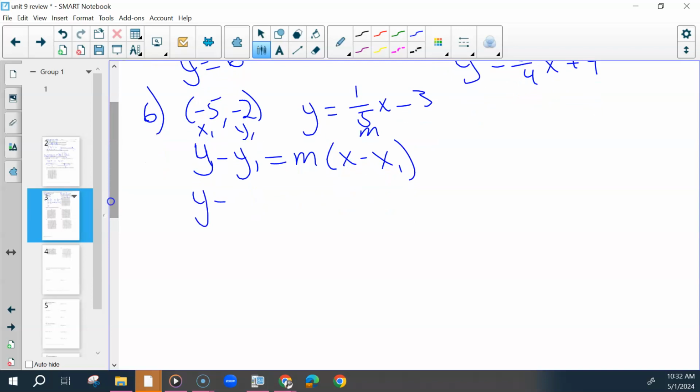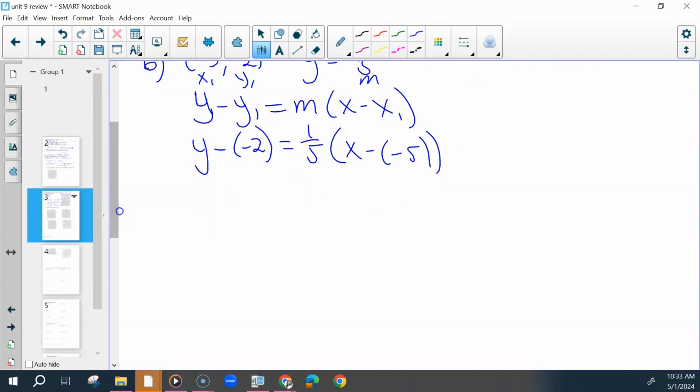So this will be y minus -2 equals our slope 1/5 times x minus -5. Change these to pluses before you do anything else.